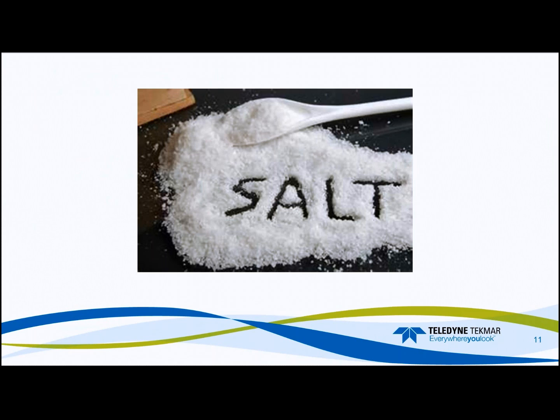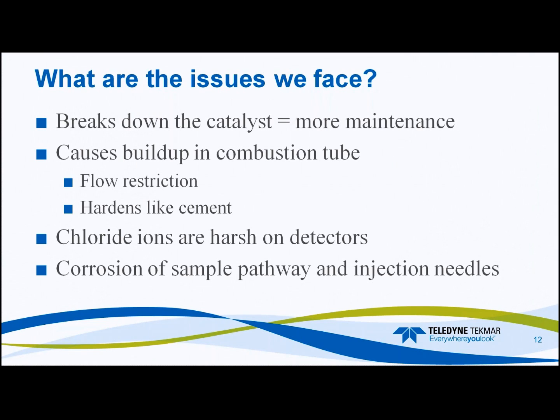I know this has always been a challenge for any TOC manufacturer because salt can present so many different problems and so many issues when looking at systems and running these as samples. One of the issues is it's going to break down the catalyst.